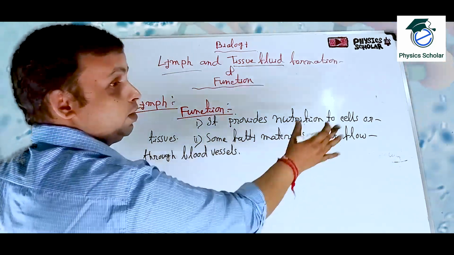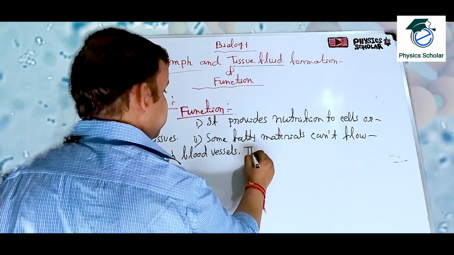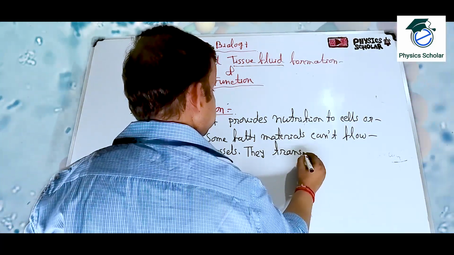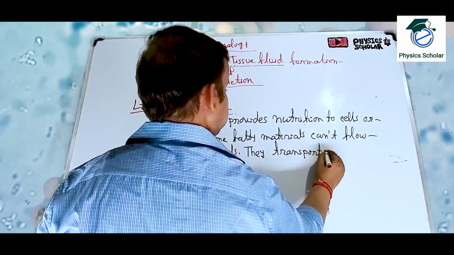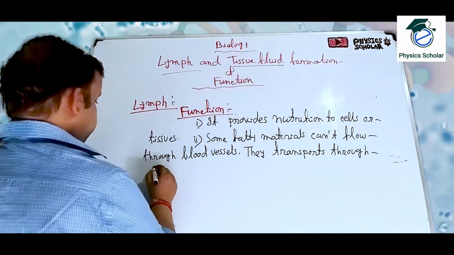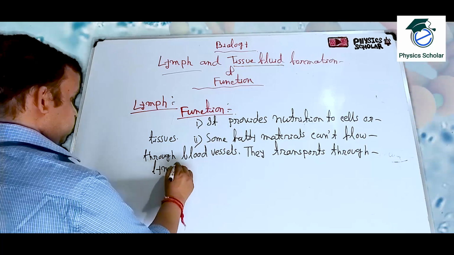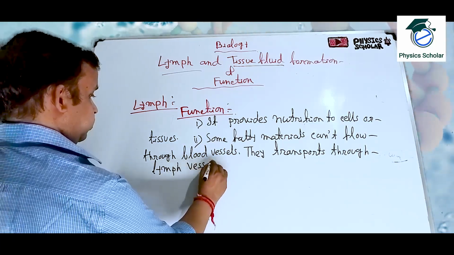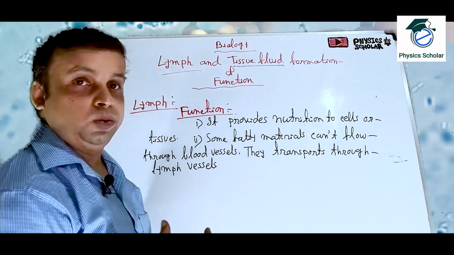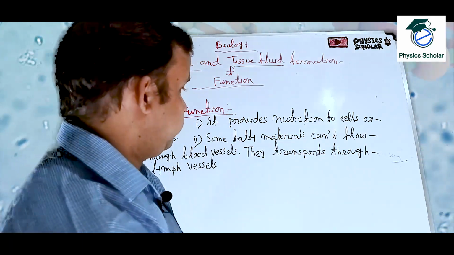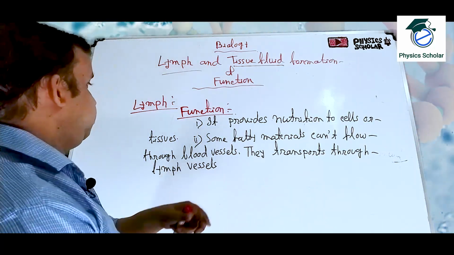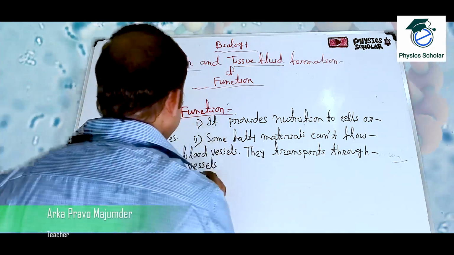Okay, so how will they then be transported? They are transported through the lymph vessel. Okay, so some fatty materials cannot flow through the blood vessels. Now they can flow through lymph vessels. Clear? So that is the second function.